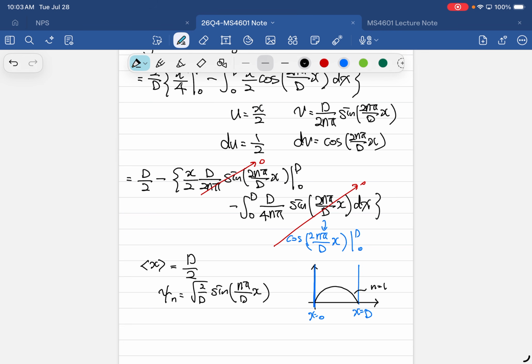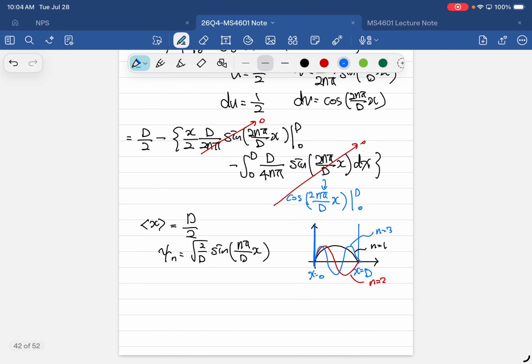And when n is 2, this is essentially when n is 2. And if n is 3, it looks like that, right? We are essentially drawing multiples of a standing wave. This is when n is 1, the longest wavelength, then n is 2, n is 3.